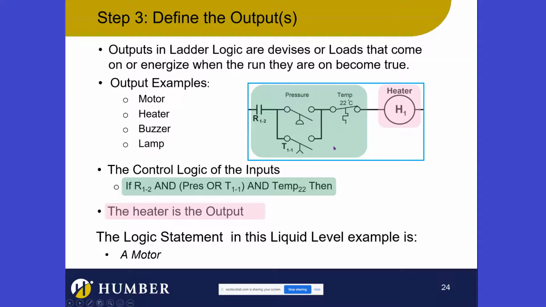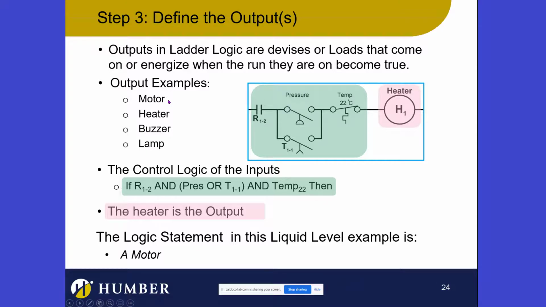So the way we say this logic is difficult. We write it down. If this contact, if R1-2, and pressure or T1, and, with a bracket, temp 22, which means the temperature has reached 22 degrees Celsius, then the heater. Okay, cool. So that's just an example.